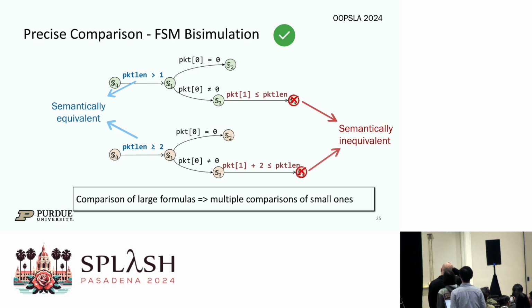You can maybe take a look at the example here. For the format, once we extract it from the source code, it may contain the checking on different bytes of the input buffer, and the order might not directly follow the buffer indices. So here we just do a reordering. We are based on the assumption that if two formulas are equivalent, then their checking on the packet length should be equivalent, and their checking on packet byte 0 and byte 1 should also be similar.